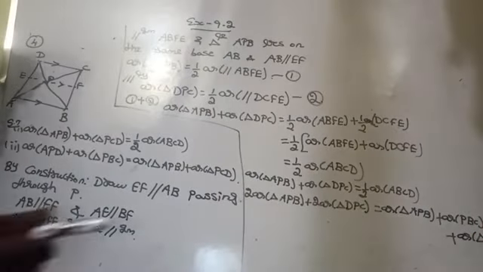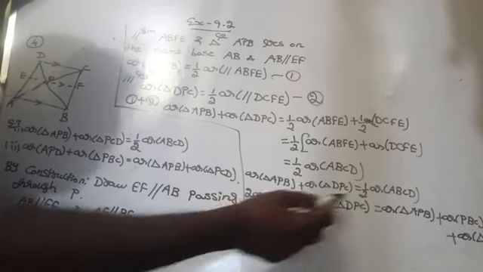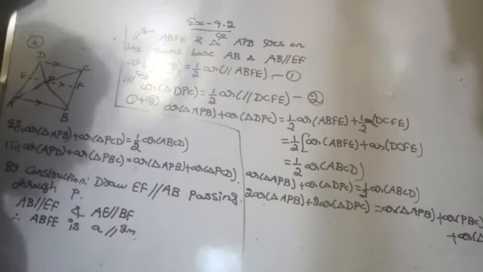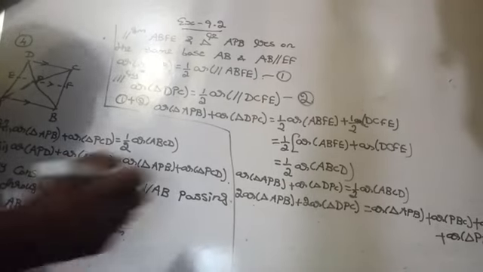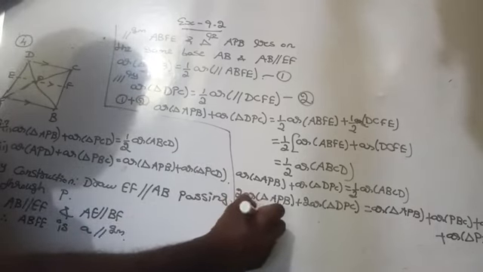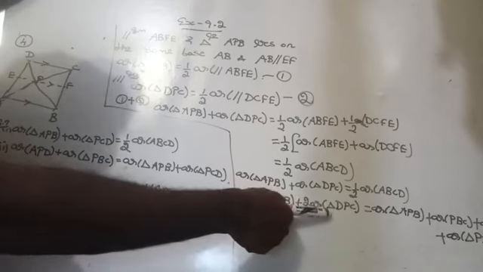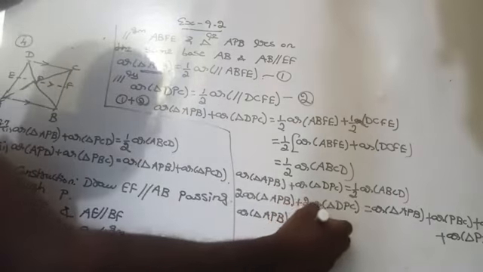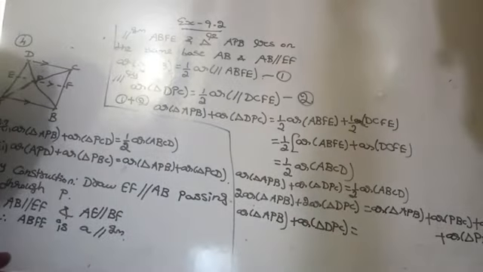So now bring this APB to this side. 2 times area of triangle APB minus area of triangle APB gives area of triangle APB. Here 2 times area of triangle DPC minus area of triangle DPC gives area of triangle DPC, which is equal to what is left out: PBC and DPA.